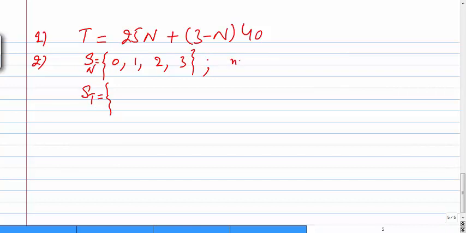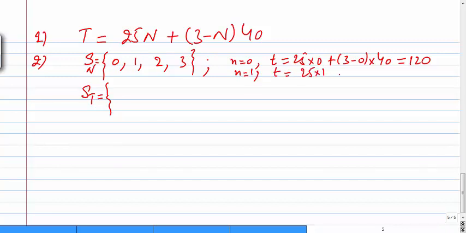We say that when n is equal to 0, then t is equal to 25 times 0 plus 3 minus 0 times 40. So it becomes 120. Similarly, when n is equal to 1, t becomes 25 into 1 plus 3 minus 1 times 40.